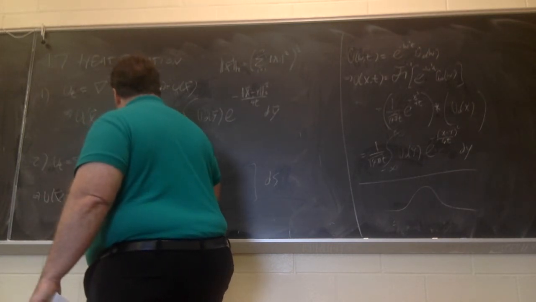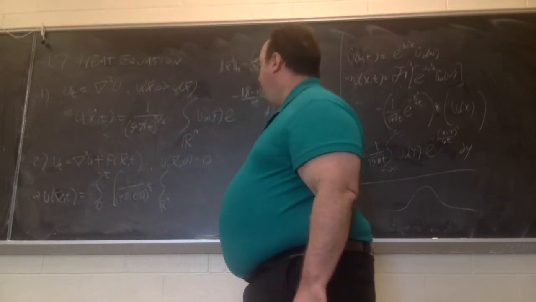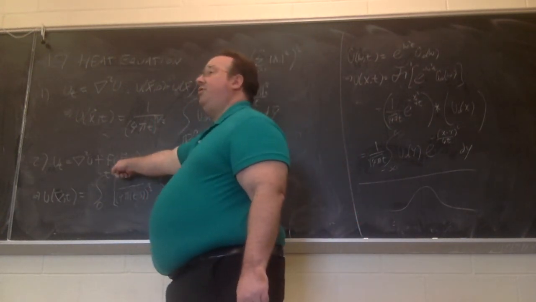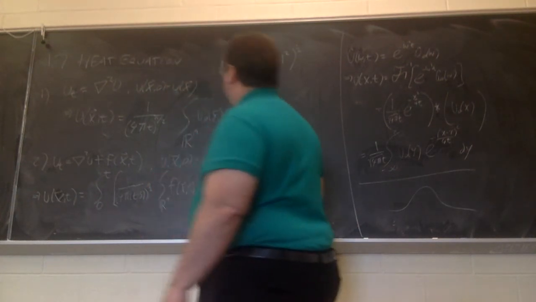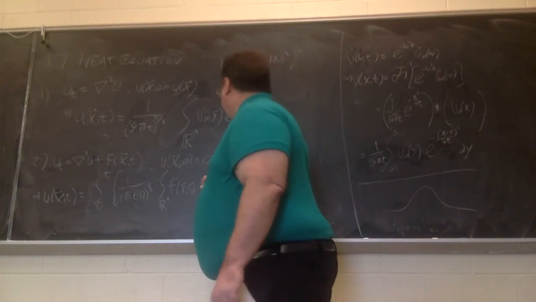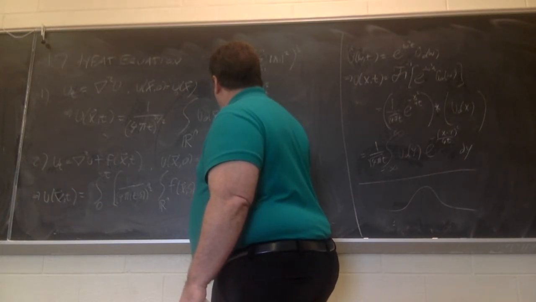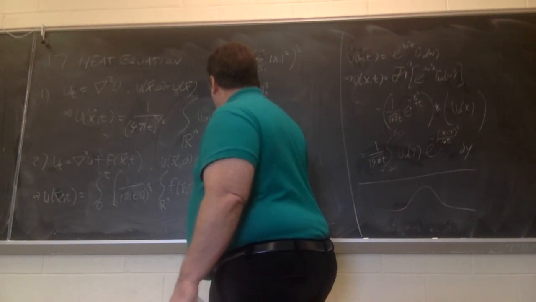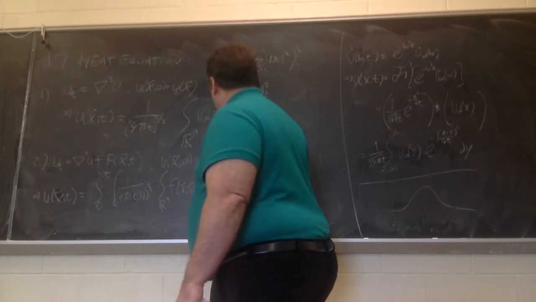Integral over Rn. And then instead of the initial data, I'm actually going to have my source term evaluated at time s. And then I'll have this exponential factor over 4, instead of t, again, I'll have t minus s.